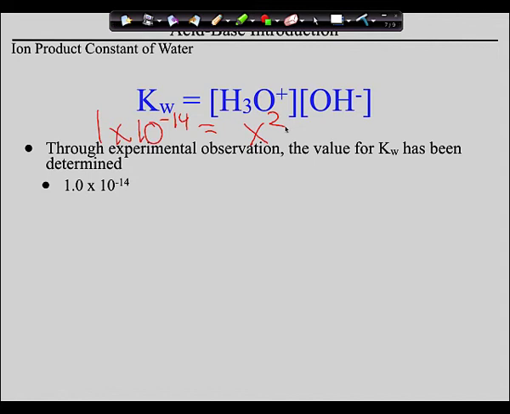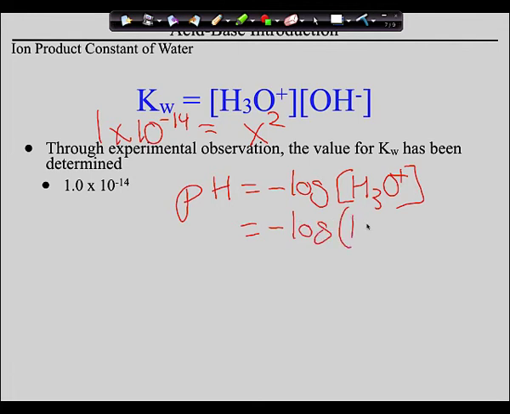And then guys, from last year, you might remember that pH is equal to the negative log of hydronium ion concentration, which is equal to the negative log of 1 times 10 to the negative 7th, which is equal to 7. That is why pure water has a pH of 7.